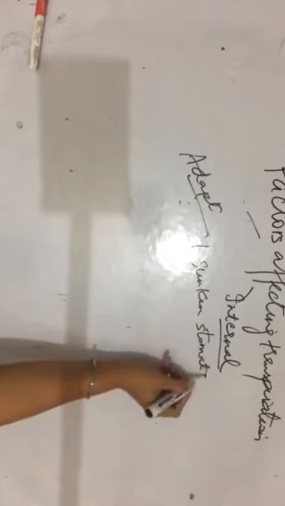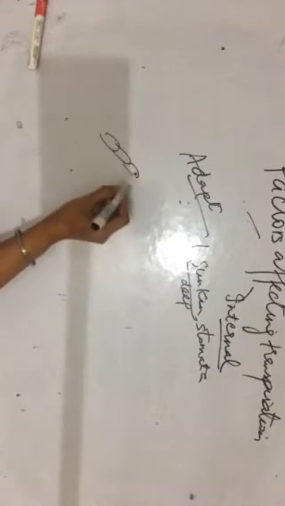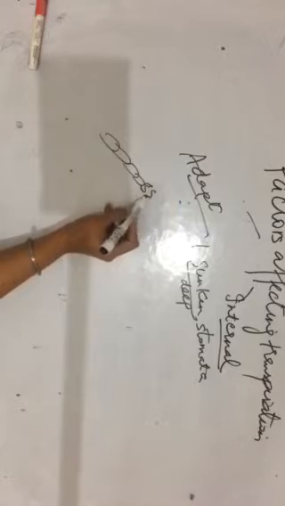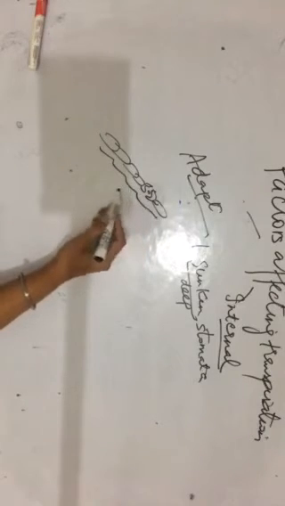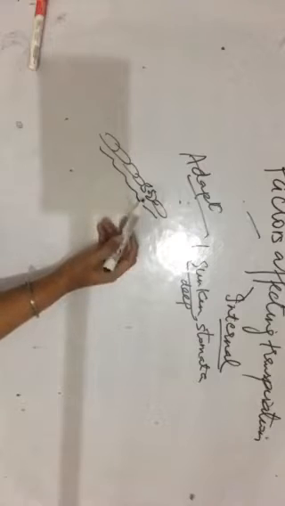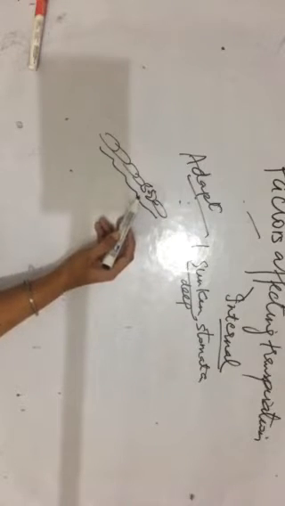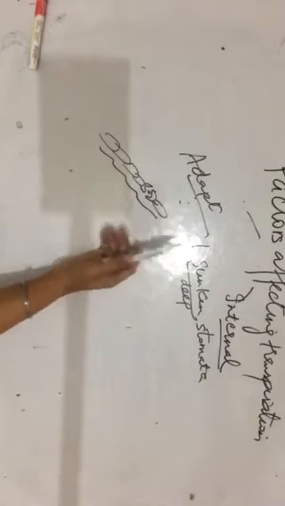Number 1 is sunken stomata. Sunken stomata means stomata is present deep. Basically, stomata normally is present on the surface of the epidermis, but if the plant doesn't want to lose much water, the stomata remains sunken.